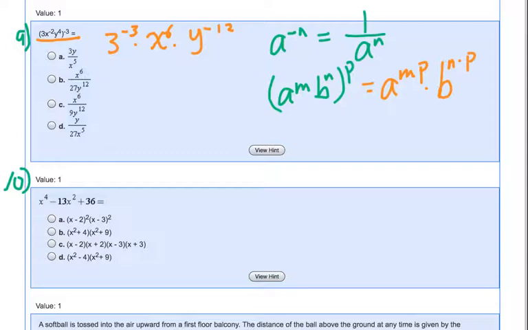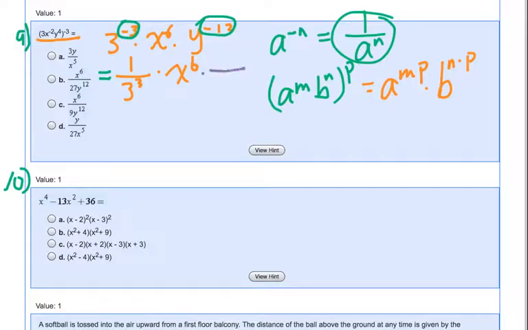After this, if I have negative exponents, I will change into a fraction like this. So you will get 1 over 3 to the third power. X to the 6th stays because the exponent is not negative.